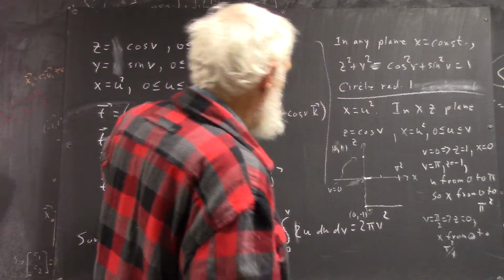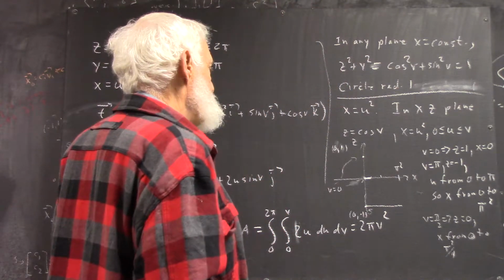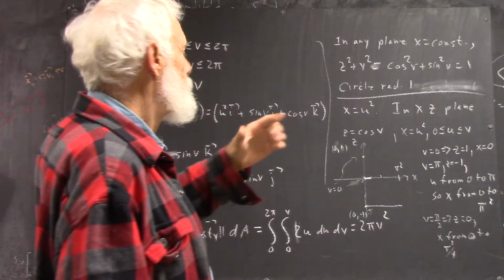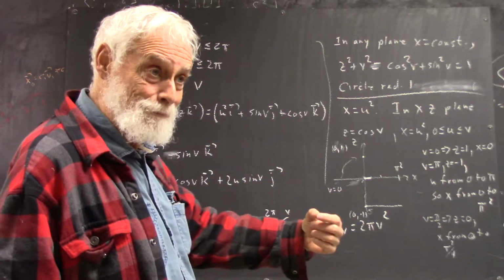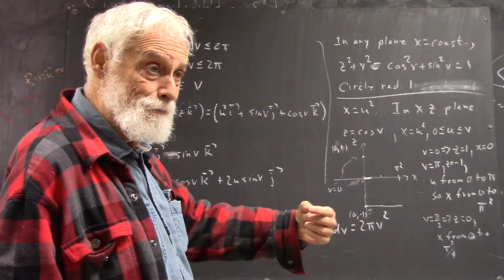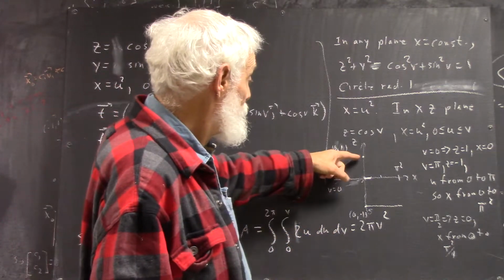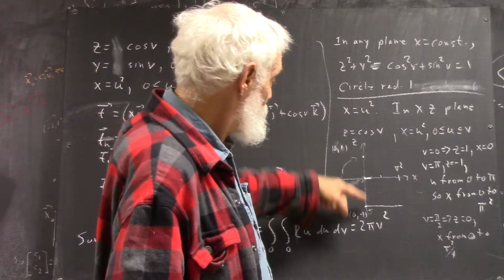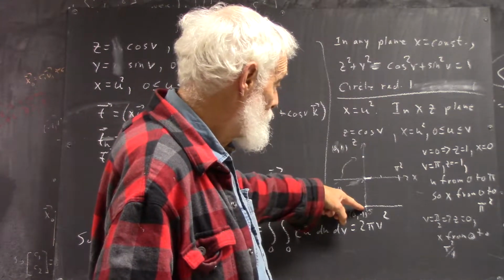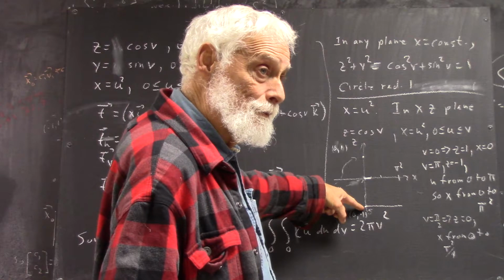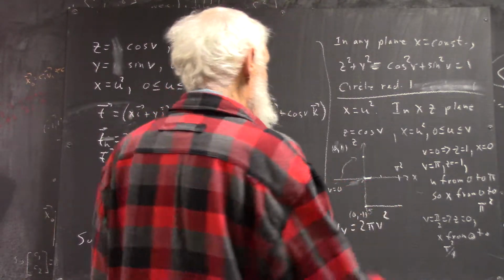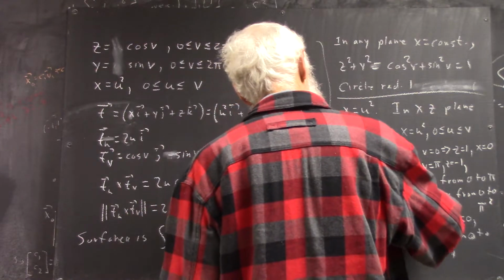And x is going to go from 0 to v squared. So, when v is 0, x just has to be 0. When v equals pi, we go from 0 to pi squared, right? And we're going to have a curve that looks something like this.